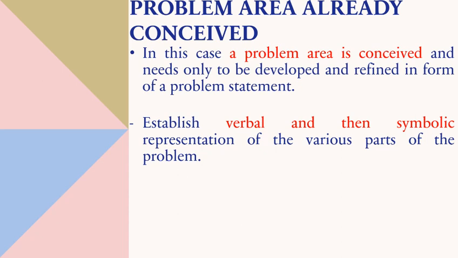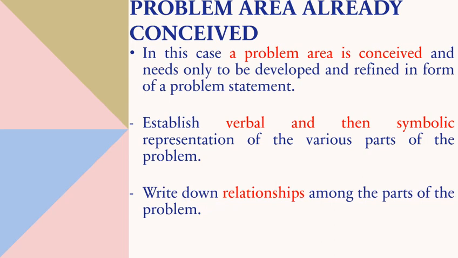And therefore, you can use verbal or symbols to present those different parts. But also, as you present those parts, you need to show the different relationships among the parts of the problem, so that when you're presenting your problem statement, it should flow to show which part is connected to which part.